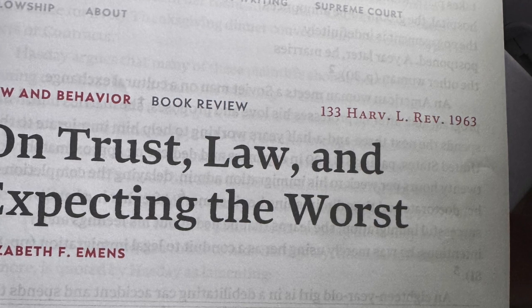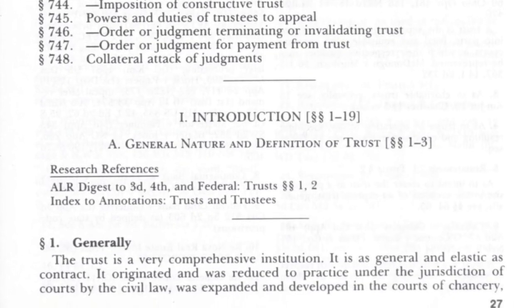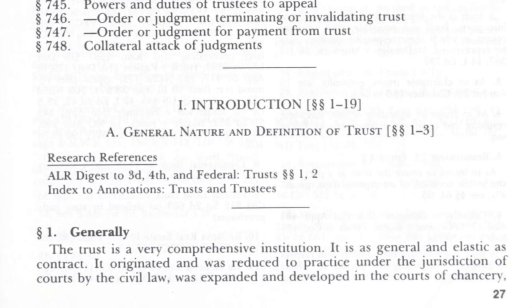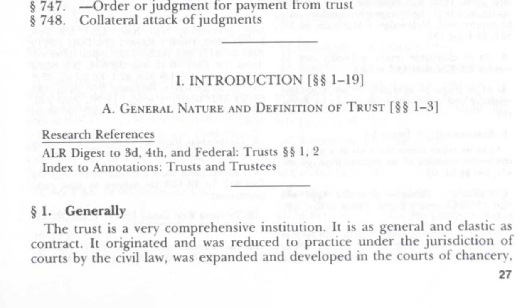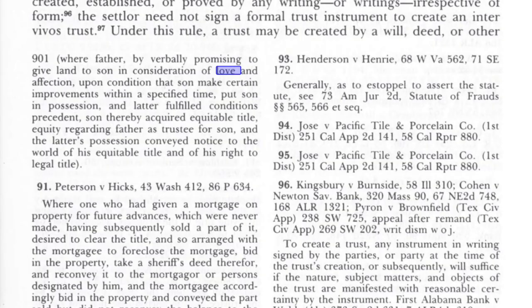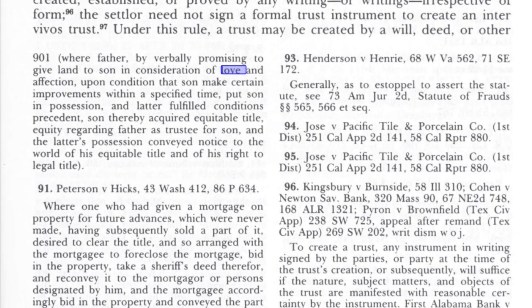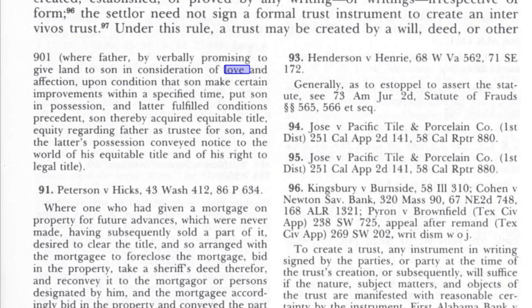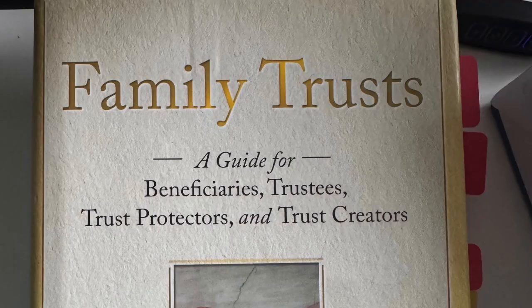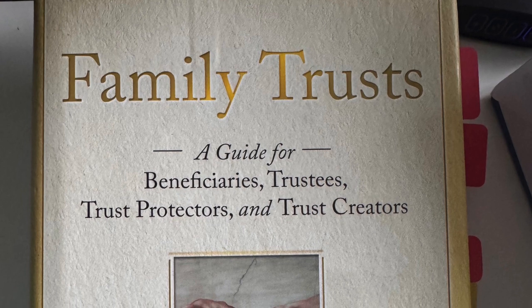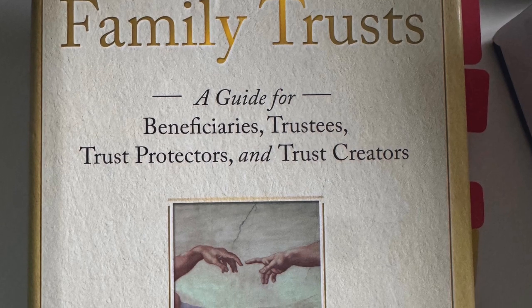So some of the sources I used in this video are the Trust Law Harvard article, the 76 American Jurisprudence, second edition on trust, section 1 generally. You can't see that. And section 76, note 90, where it talks love and affection and title.